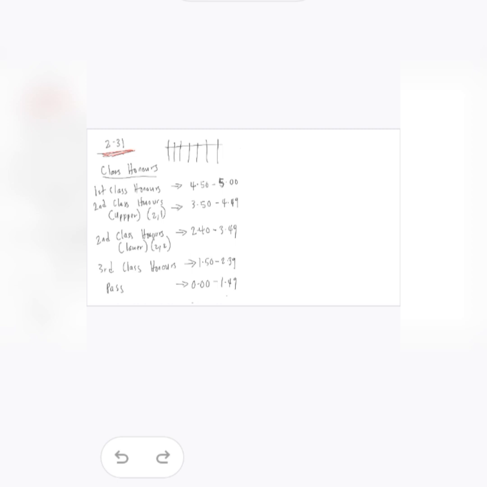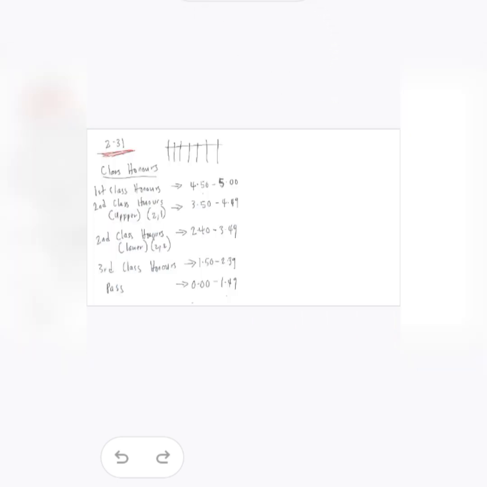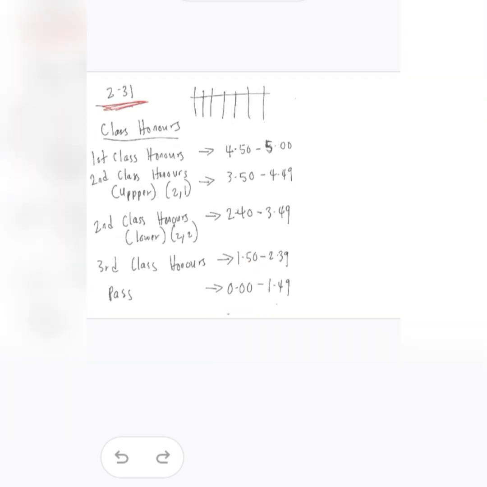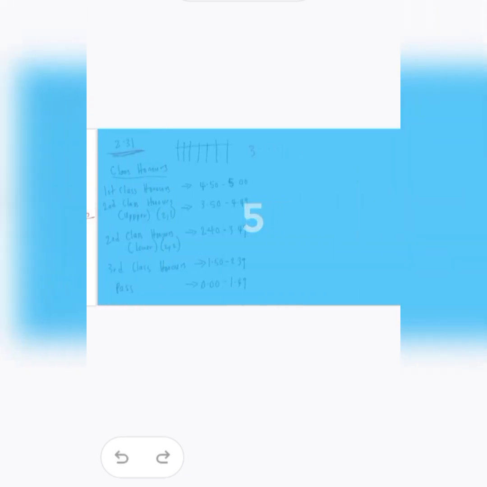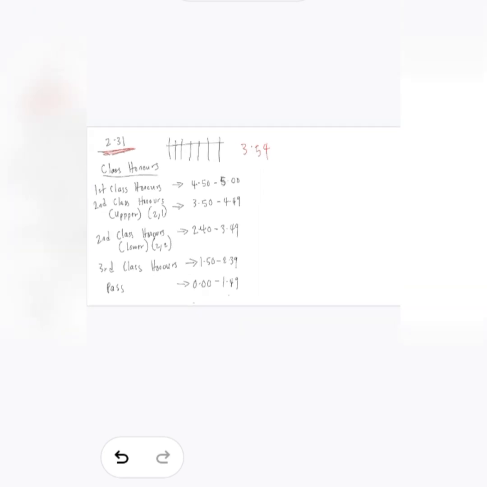So if Emeka can score 3.54, let's check his honors. Assuming it is his CGPA, let's check his honors. Now comparing the two results, we can see that in the first result, Emeka was in the 3rd class, but due to some changes, he aced all his 3 credit loads.